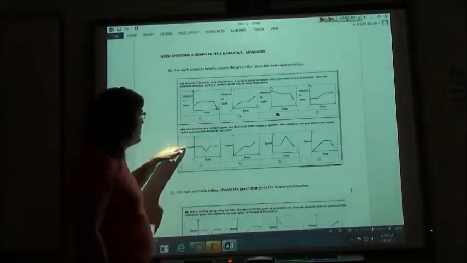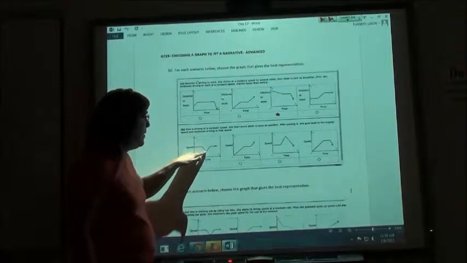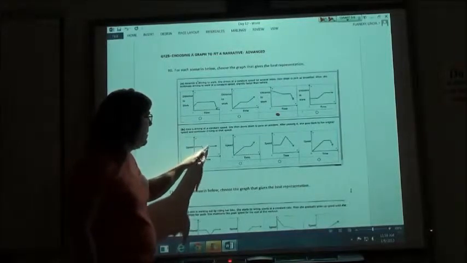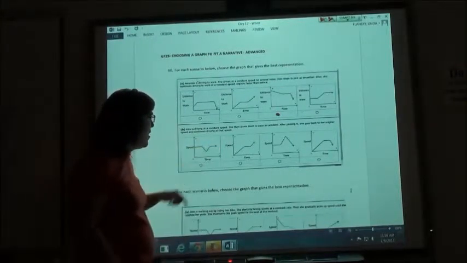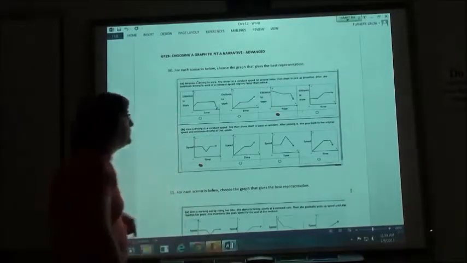So she's driving at a constant speed, she slows down, then she speeds back up, continues driving at her constant speed. So that would be my best choice.